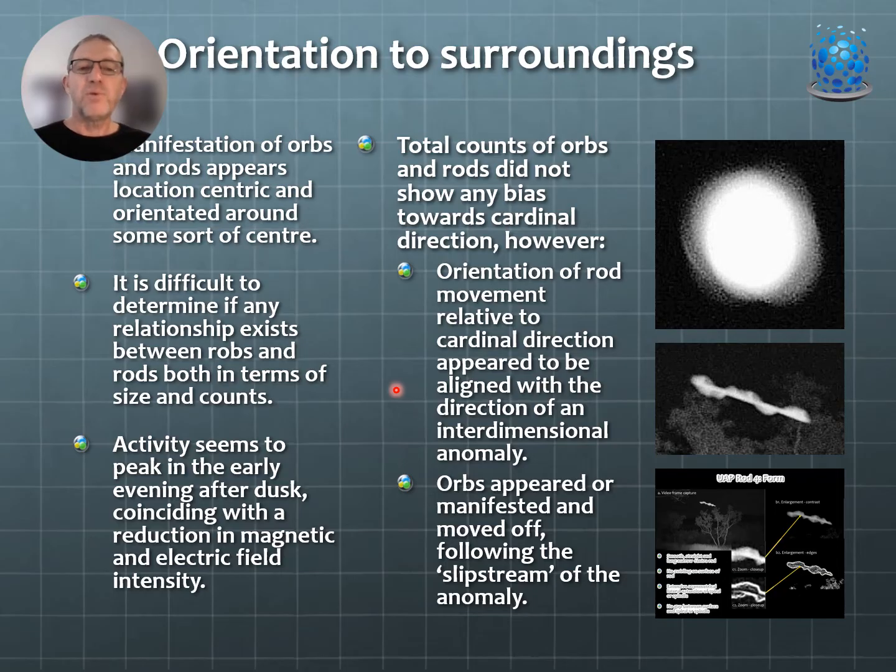I spent quite a lot of time talking about that in previous presentations. By looking at the ghosting of orbs, we're able to determine the to and from direction of this interdimensional anomaly. They do manifest out of this and move off following the slipstream of the anomaly. There's probably a lot of questions from viewers about that whole issue, and I do point them to earlier presentations on this in determining why we think that that's what's going on.